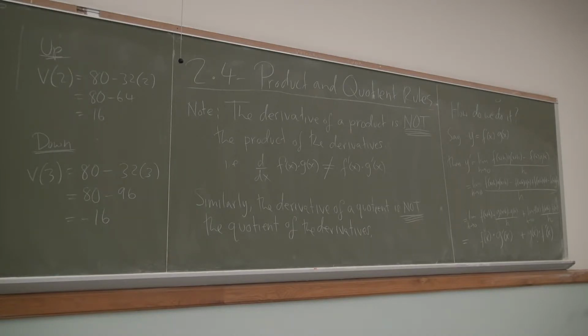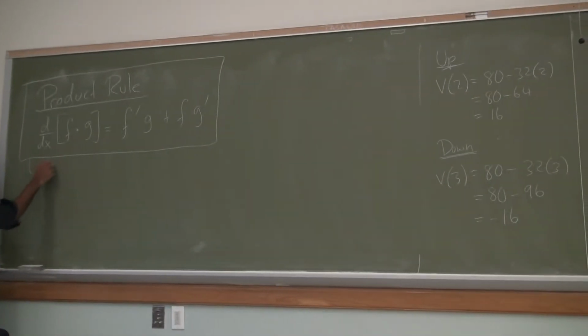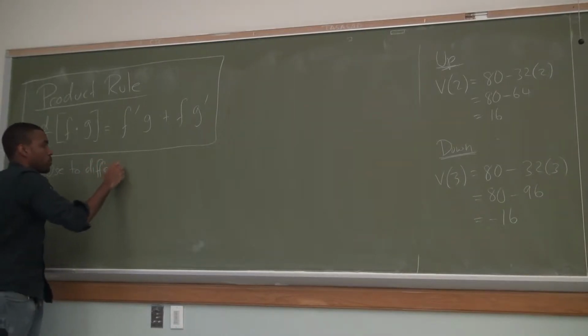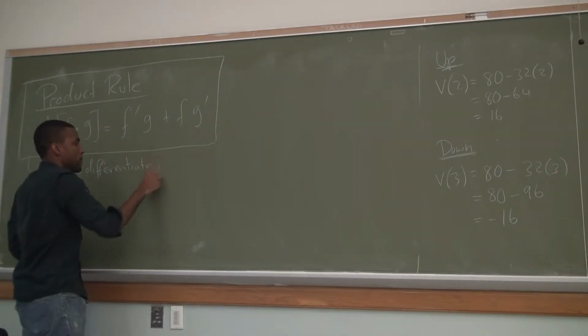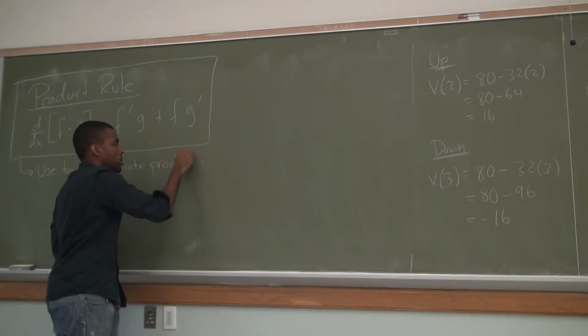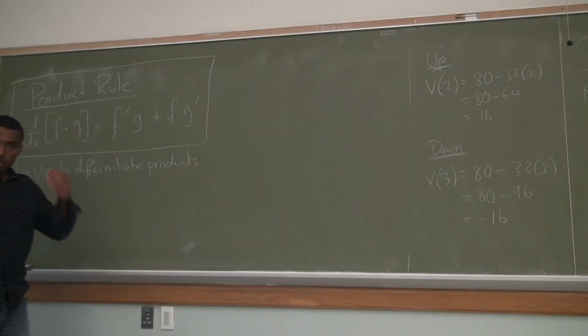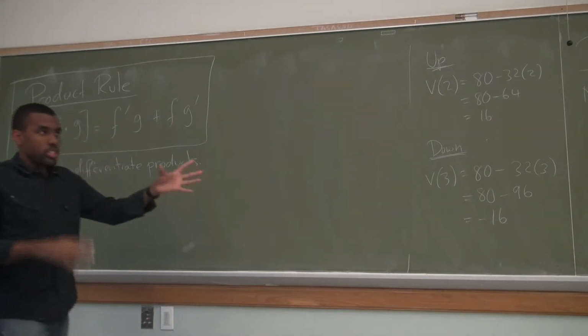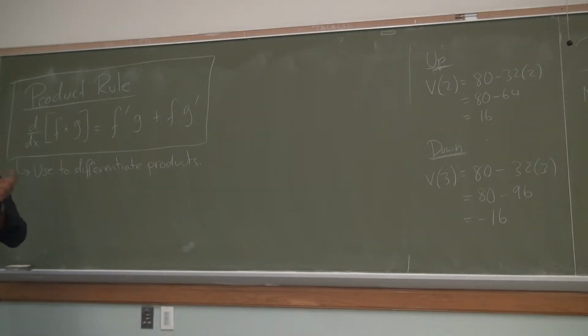This is called the product rule, and it's used to differentiate products. The quotient rule is derived similarly. You just add and subtract a convenient fraction, then you can factor things out and it looks nice and you get that. But for now, this is the product rule.